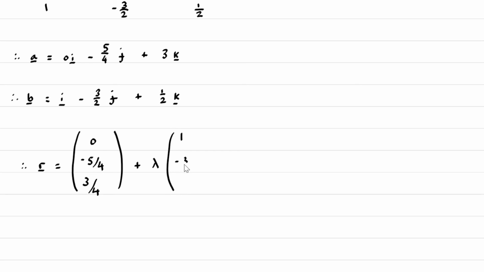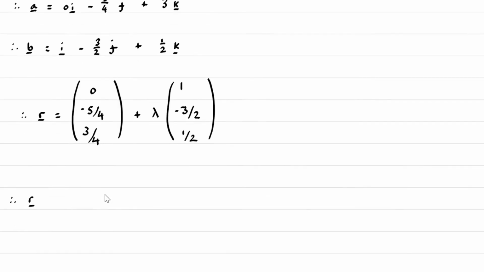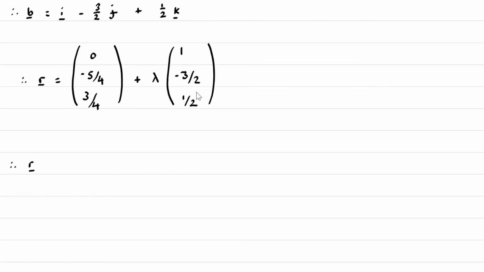So what we can therefore say is r equals (0, minus 5 over 4, 3 over 4) plus lambda lots of (1, minus 3 over 2, 1/2). And if you want, you can multiply through by 2 over here, so we don't have any fractions for our direction vector.